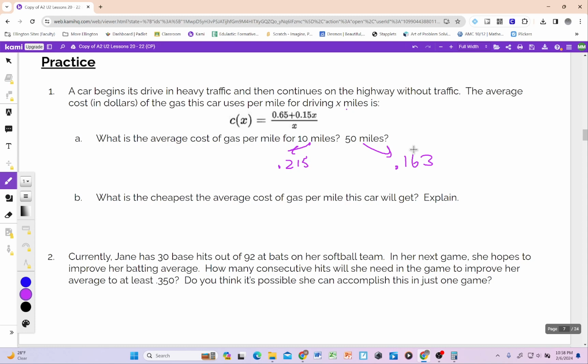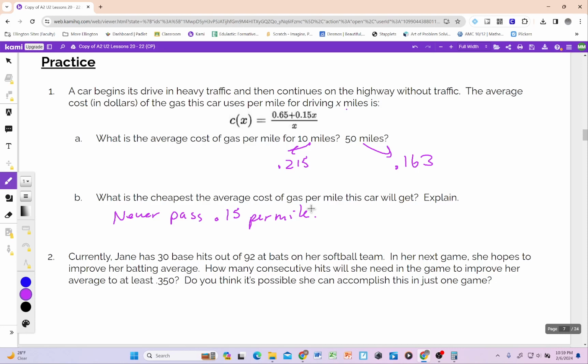The cheapest average cost of gas per mile? It will never pass that per mile. It'll come close to that, but never reach it. Okay, so that's how it works.